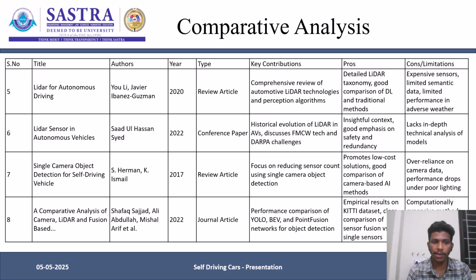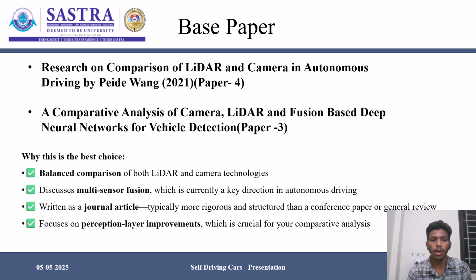This is the comparative analysis of the next four papers. When I talk about the base paper, this is my base paper. First, I have taken the research on comparison of lidar and camera in autonomous driving by Paradigm. This paper mainly focuses on theoretical data instead of practical. The content is good in theory.